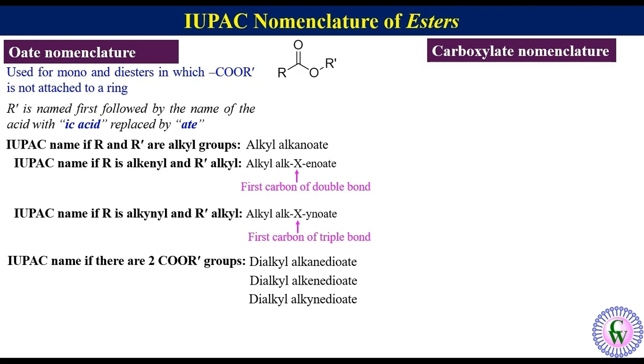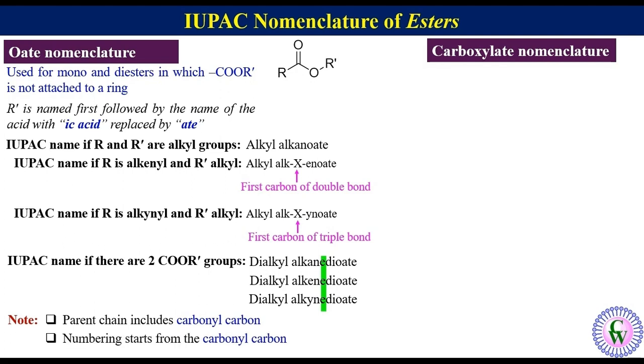One thing which I would like to highlight here is that in the case of diesters, the parent chain name includes the letter E. Please note that in this nomenclature, the parent chain includes the carbonyl carbon and numbering starts from the carbonyl carbon.